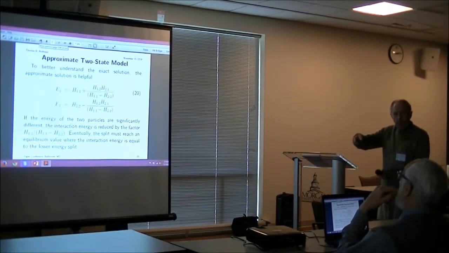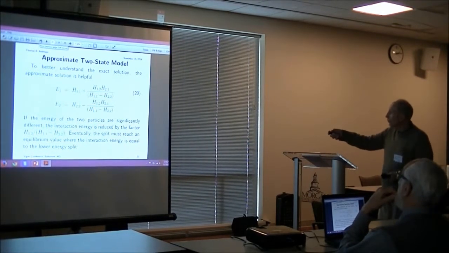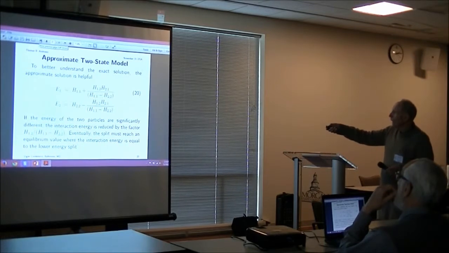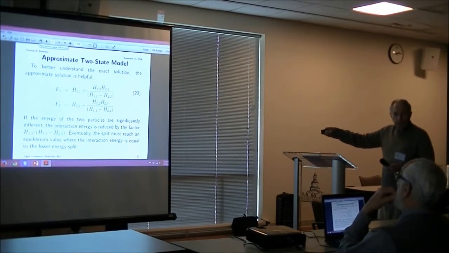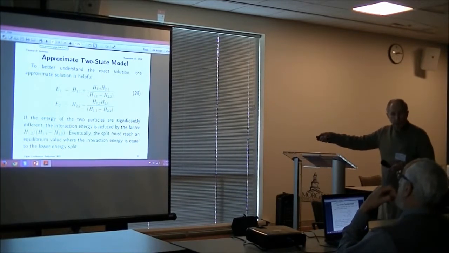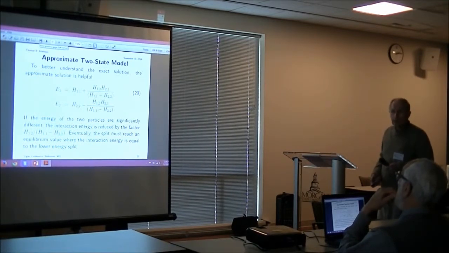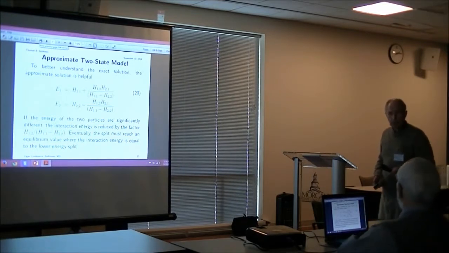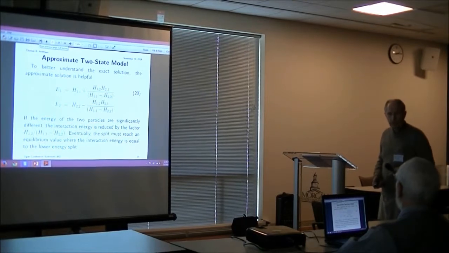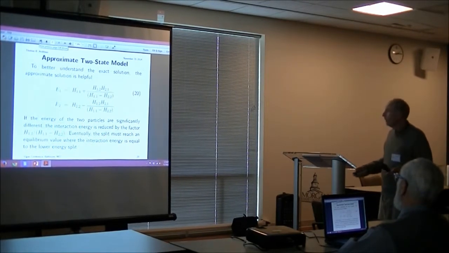And the further you push them apart, you reduce the overall interaction until it equals the energy of the lower one, and then you have an equilibrium situation, a solution. And you can show that this gives you the mass ratio of the proton and the electron, 1836. I'll go on a little bit further.